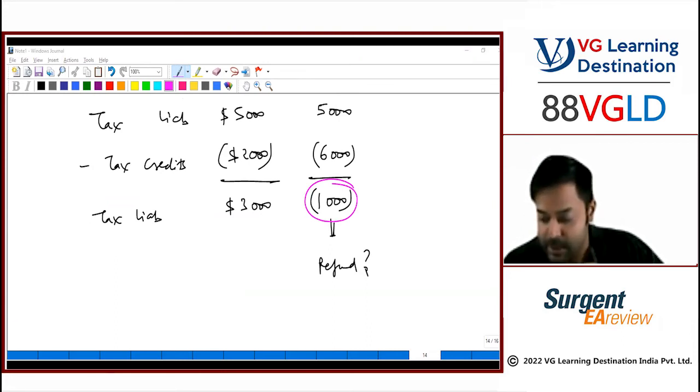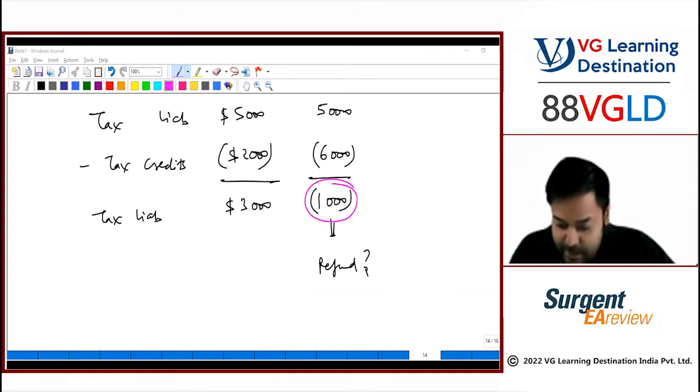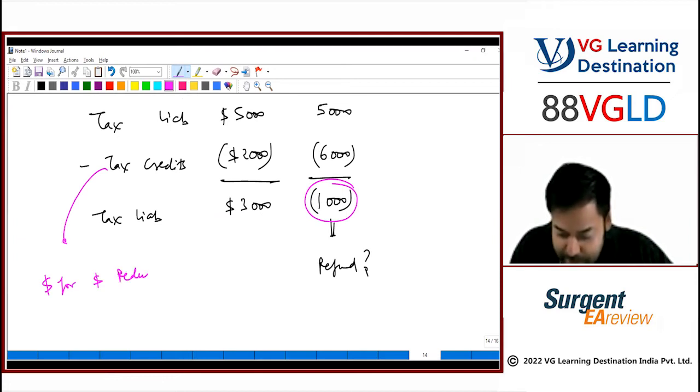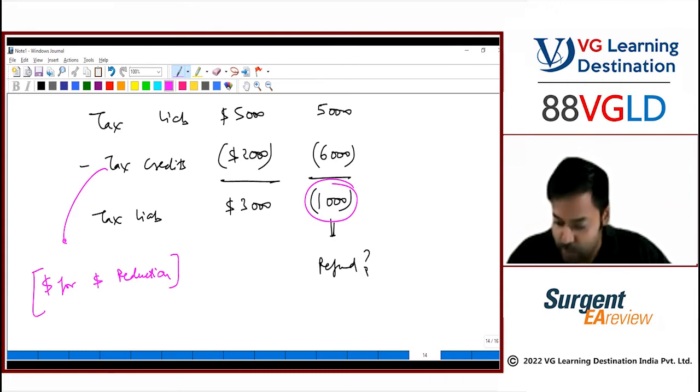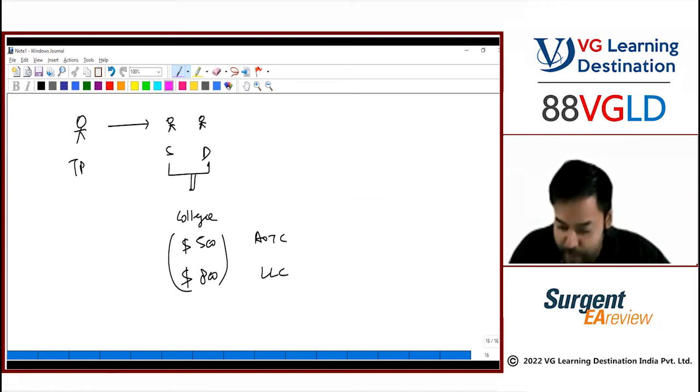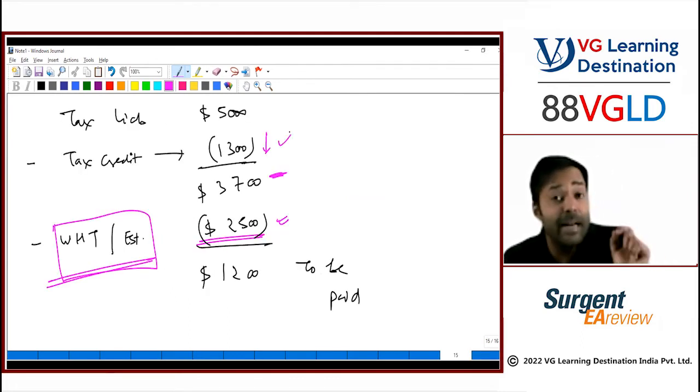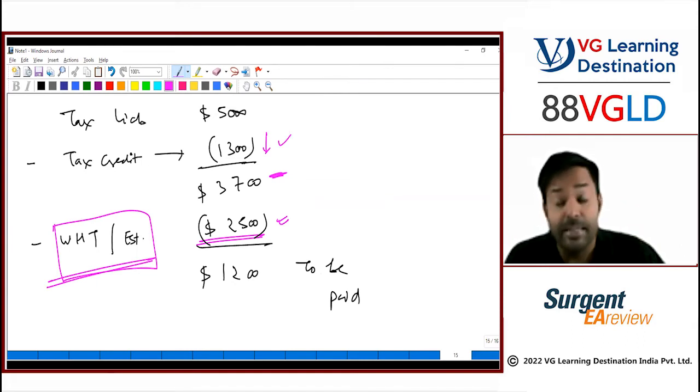That's why tax credits are also called a dollar-for-dollar reduction. It directly reduces your liability with every single dollar. For example, the moment you pay this amount, 1,300, it directly reduces your tax liability. That's why the tax credit is extremely advantageous.